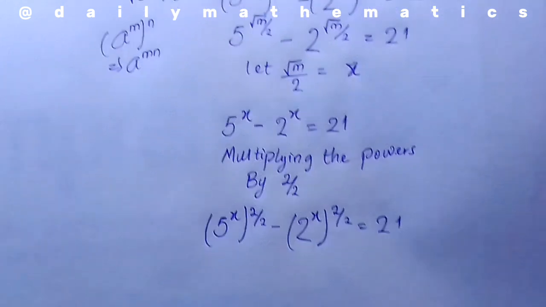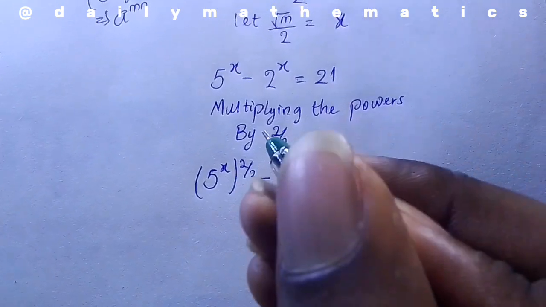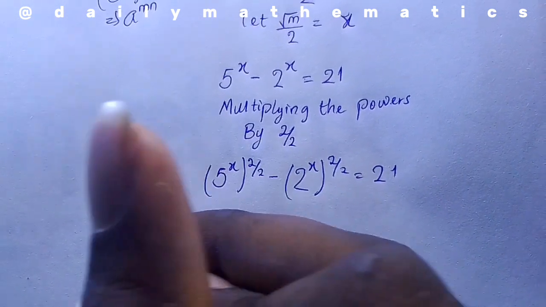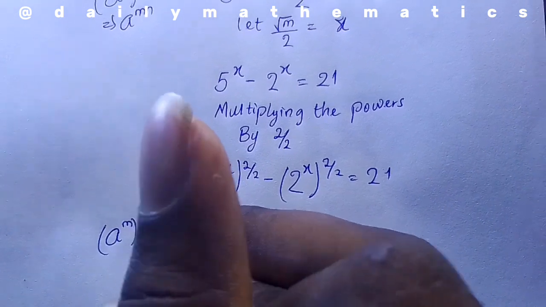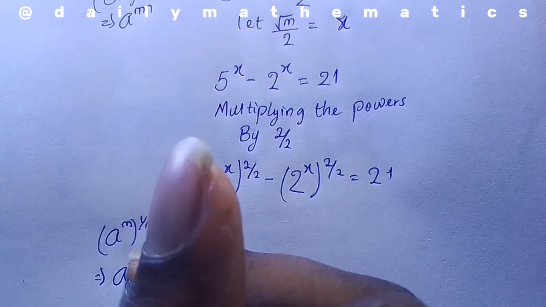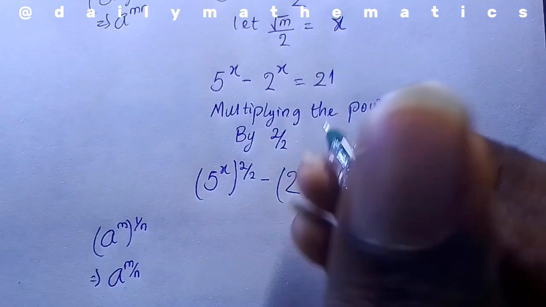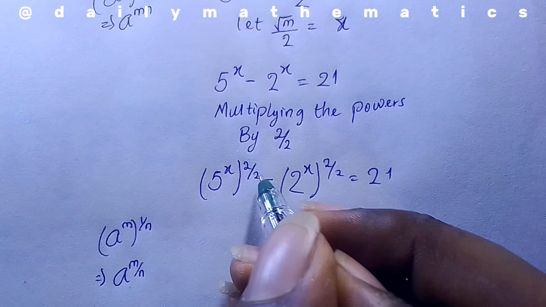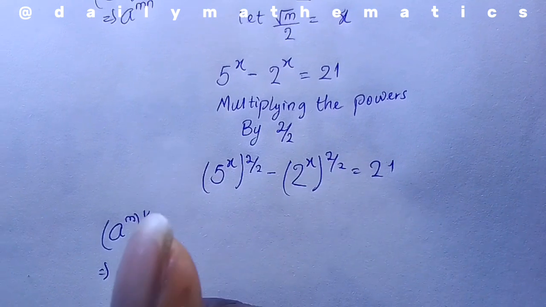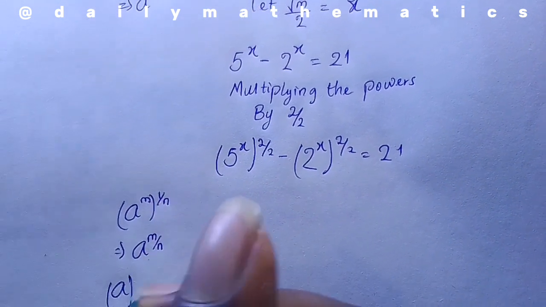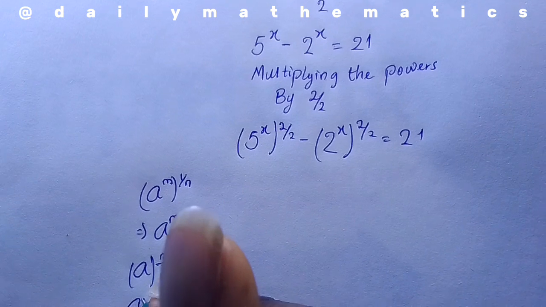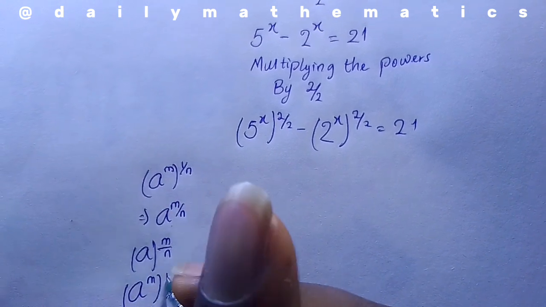So what's the next thing for us to do? Whenever we have a raised to the power of m times 1 over n, it gives us a raised to the power of m over n, and it can also give us a raised to the power of m, bracket 1 over n.